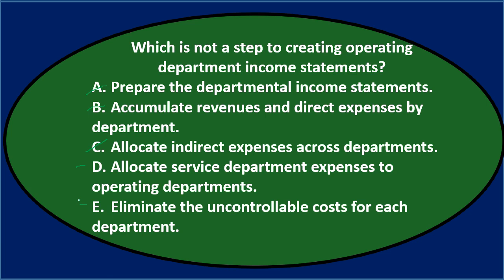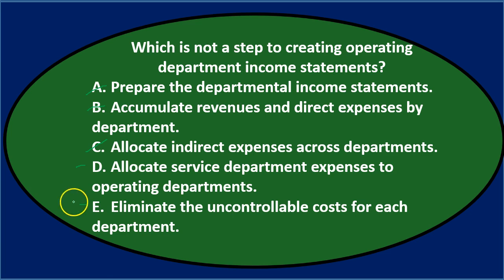Now, of those two, note that if we're creating the departmental income statement, we are going to allocate the indirect expenses, and we are typically going to be allocating the service departments to the operating departments. The service departments, which don't have any revenue within them, typically will be allocated to the operating departments.